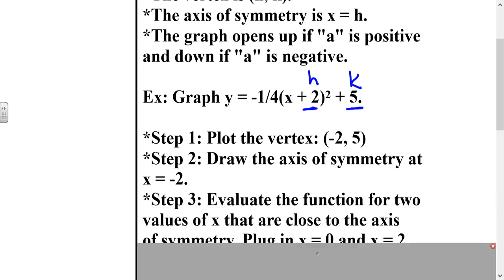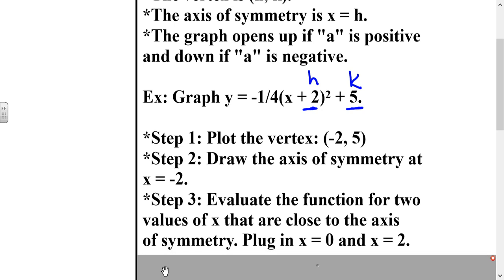Then we just have to plug in two numbers that are close to the axis of symmetry. And you only have to plug in two numbers on either the right side or the left side of the vertex, because a parabola is symmetrical, so you can just graph 2 points on one side and then reflect them over the axis of symmetry and graph them on the other side.